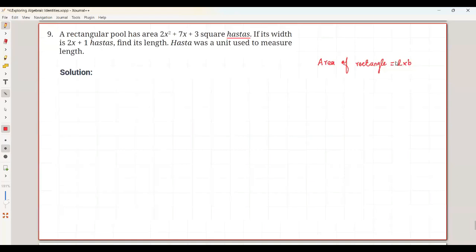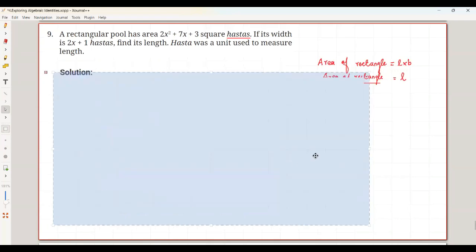They are asking for the length. To find the length alone, keep the length on this side and take the breadth to the other side. So the formula is the area of the rectangle divided by the breadth. For finding the length, just divide the area by the breadth. The breadth is already a factor, so you have to find the factors of 2x square plus 7x plus 3, and then we can divide. That is the concept.